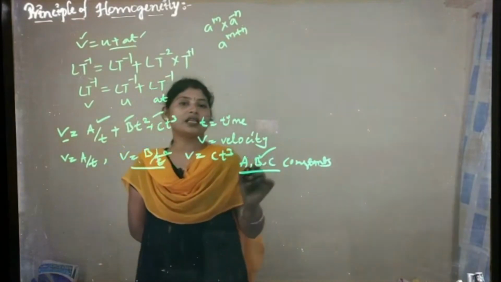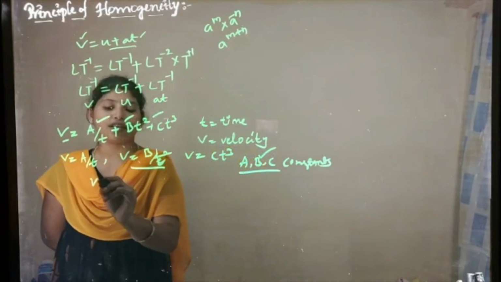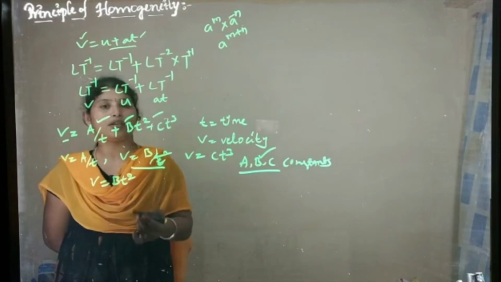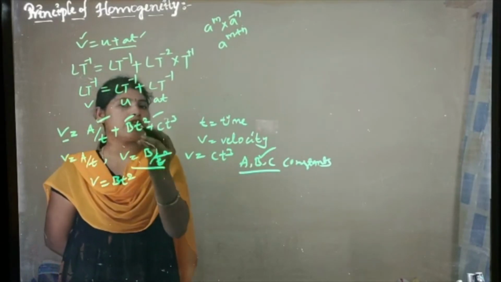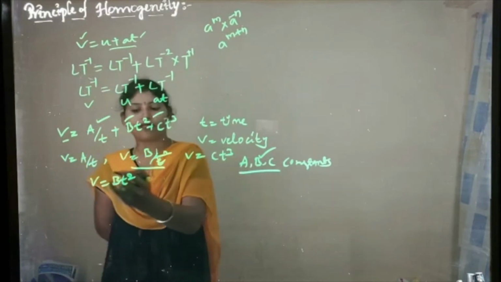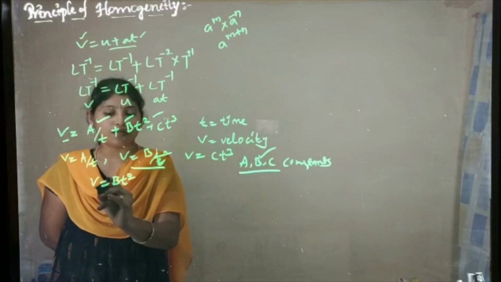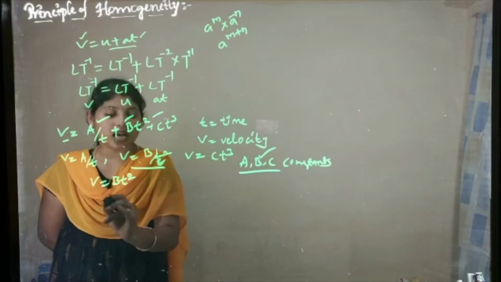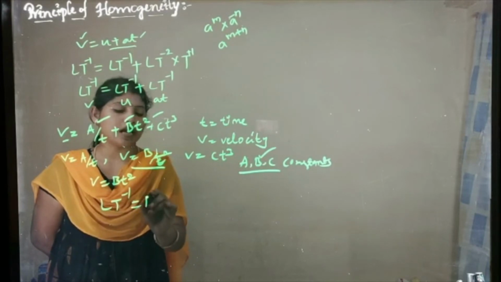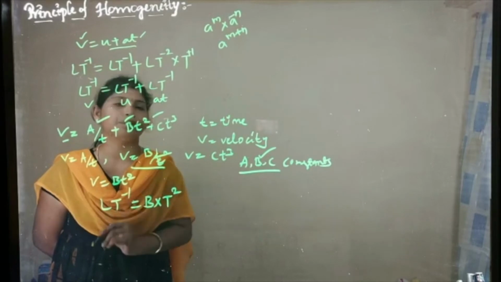With the help of this relation, we write v equals b t square, because the dimensions of velocity equal the dimensions of the right hand side terms. Velocity has dimensions L T power minus 1, equal to capital B into t square, that is t power 2.